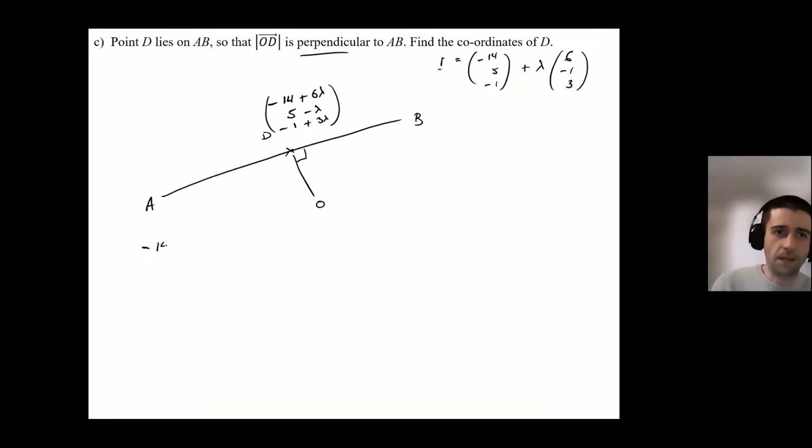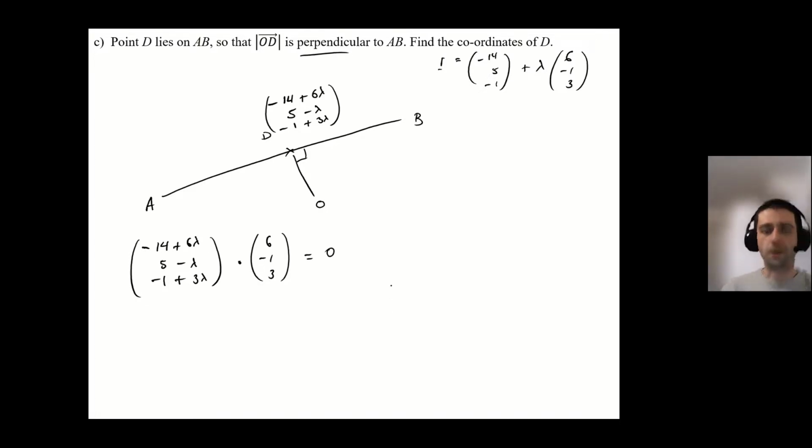So what that means is that if I do the dot product of O to D, which is -14 plus 6 lambda, 5 minus lambda, -1 plus 3 lambda, and dot that with 6, -1, 3, then that should come out as 0.